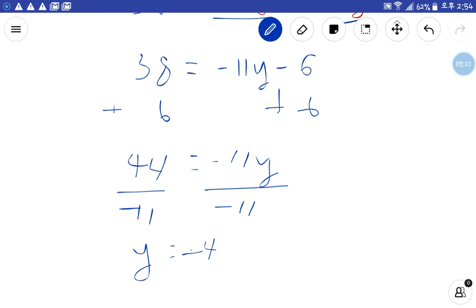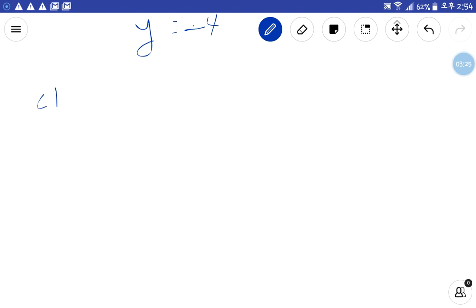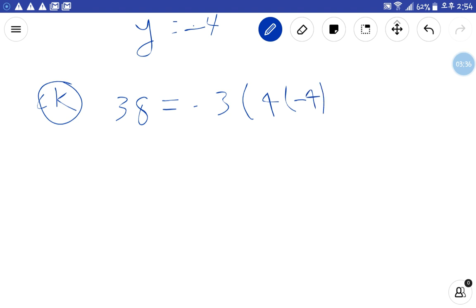So how can we check it, guys? As I did before, you have to plug in negative 4 into your original question. 38 equals negative 3 times the quantity 4 times negative 4 plus 2, close parentheses, plus negative 4. Now simplify.